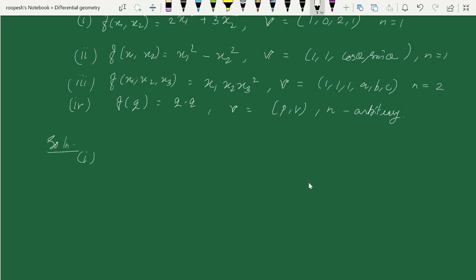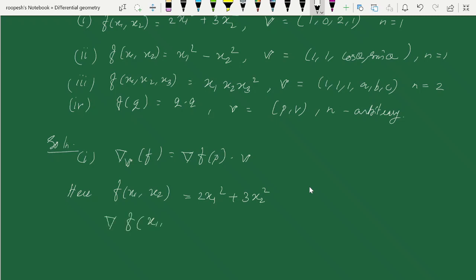Solution. First problem. We know that del v of f is equal to del f of p dot v. Here f of x1, x2 is equal to 2x1 squared plus 3x2 squared. We want to find del f of x1, x2.